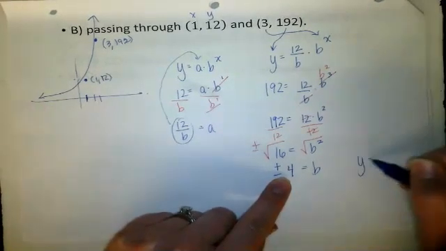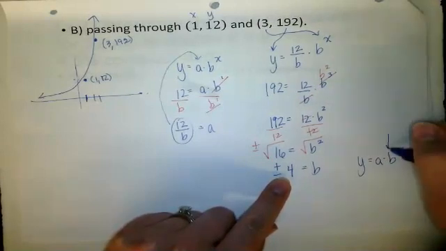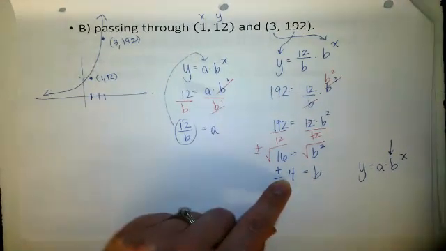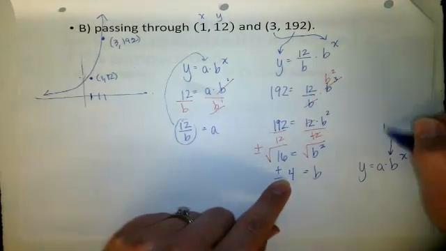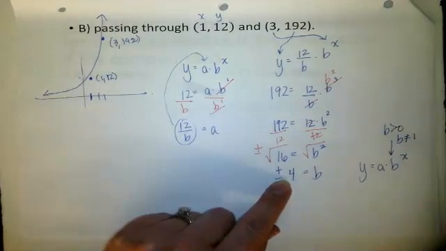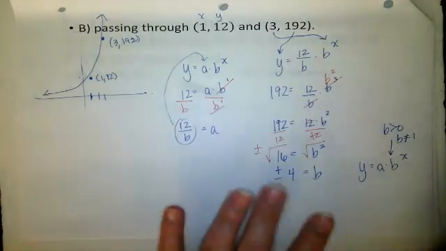In our model, y equals a times b to the x, we had some conditions that I gave you in the very, very beginning of this unit. It can't be negative. b had to be greater than 0, and it also cannot equal 1. You couldn't have 1 to the first, 1 to the second, 1 to the third. That wouldn't make any sense. It wouldn't be exponential. That's called a constant function.